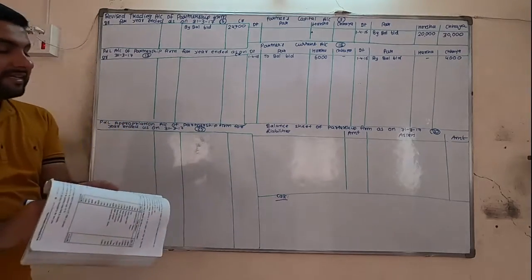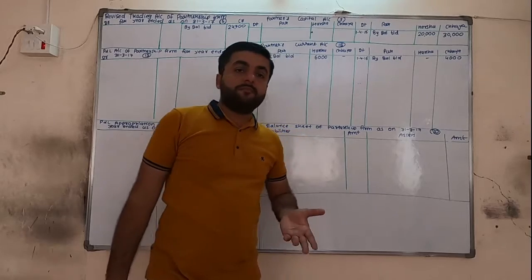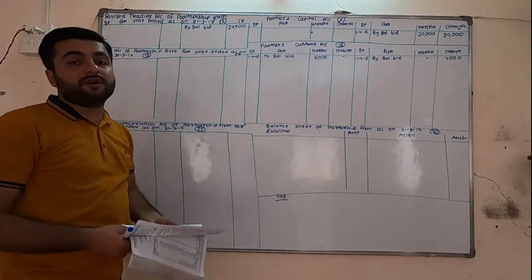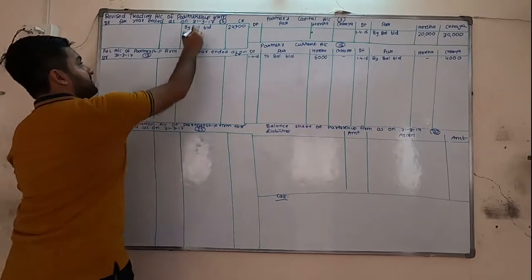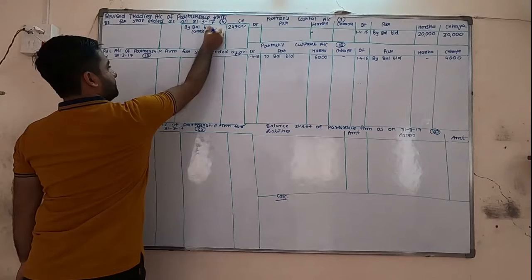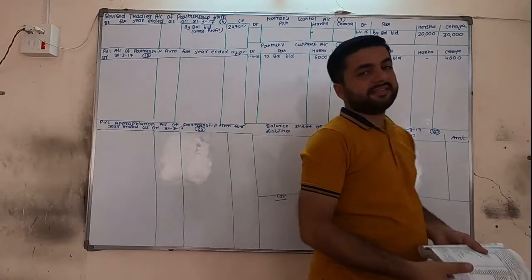This profit will be revised, so we just write by balance brought down 24,700, and in bracket we will write gross profit. Okay? Yes. So all the opening balances are over.